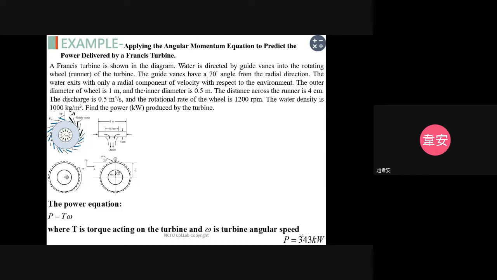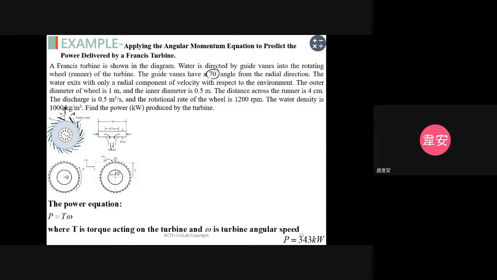And in this problem, we have the guide vanes at 70 degrees from the radial direction. So this is the radial direction, and the angle between the guide vane and the radial direction is 70 degrees. The water has only a radial component of the velocity with respect to the environment.